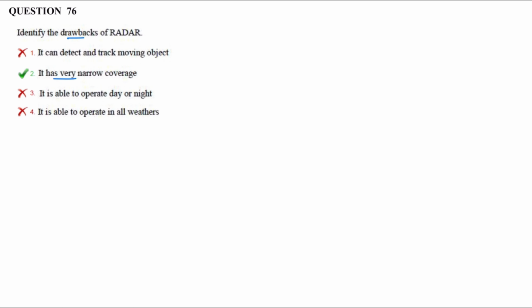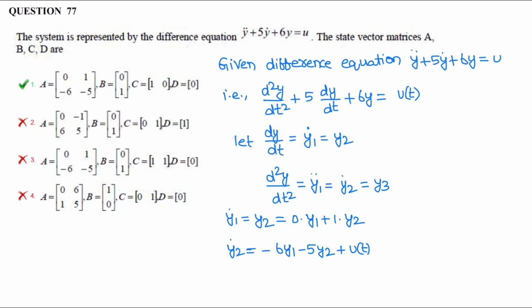Option 3, it is able to operate day and night. It's an advantage. Option 4, it is able to operate in all weathers. So 1, 3 and 4 are advantages of radar, whereas option 2 is the drawback.